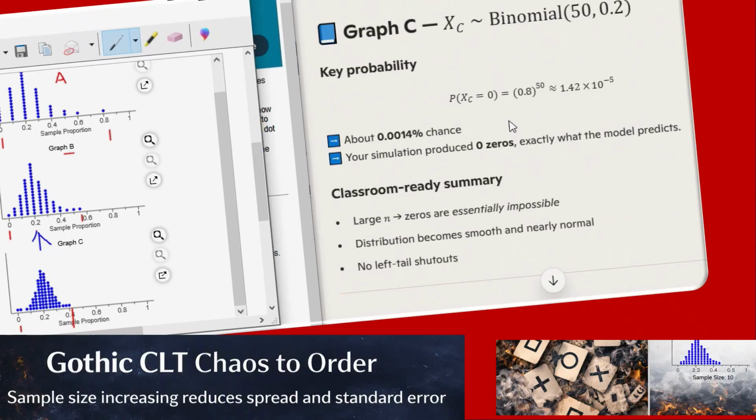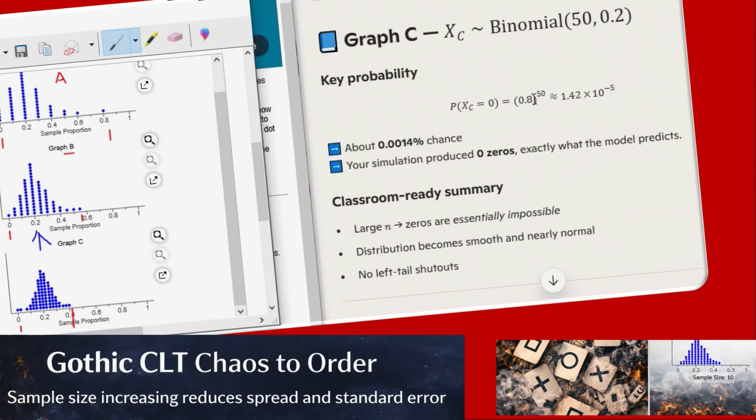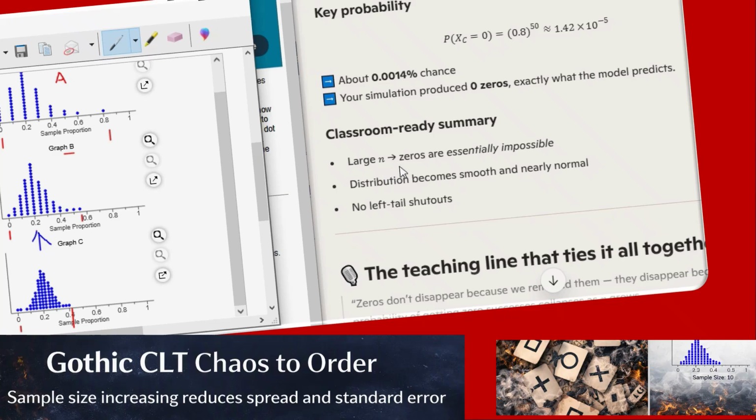And then as we go on up to 50, right? This is just what's going to happen when you start multiplying numbers less than 1 towards each other. They're going to get smaller. And as you can see, with a large n, a 0 almost becomes impossible because we have a 0.2 probability, right?